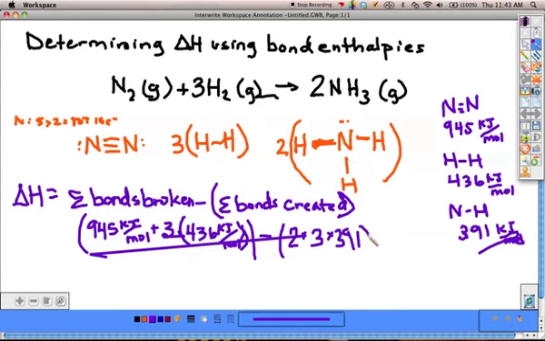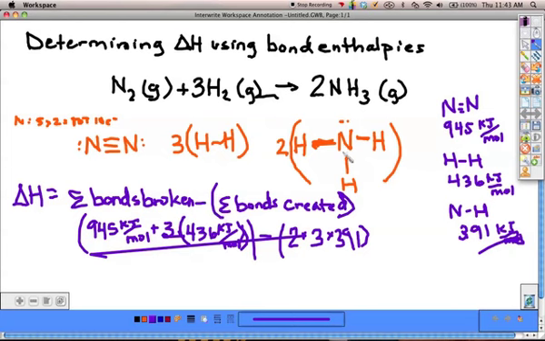So that's 6 times 391, which is 2,346 kilojoules per mole. When I multiply 3 by 436 and add 945 to that, that is 2,253.